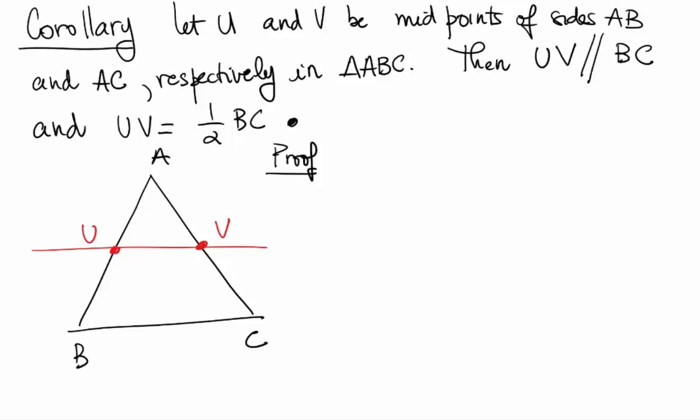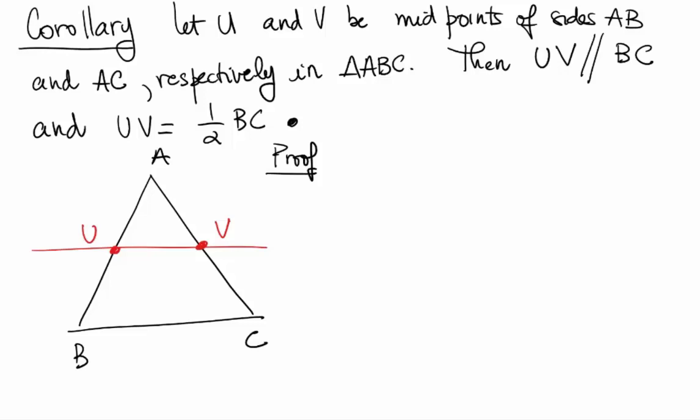All right, so let's consider the following corollary. Let U and V be midpoints on sides AB and AC respectively in triangle ABC. Then first, UV must be parallel to BC, and UV must be half of BC.